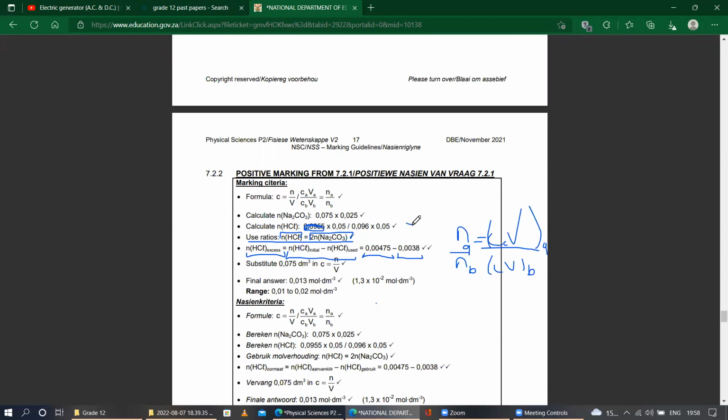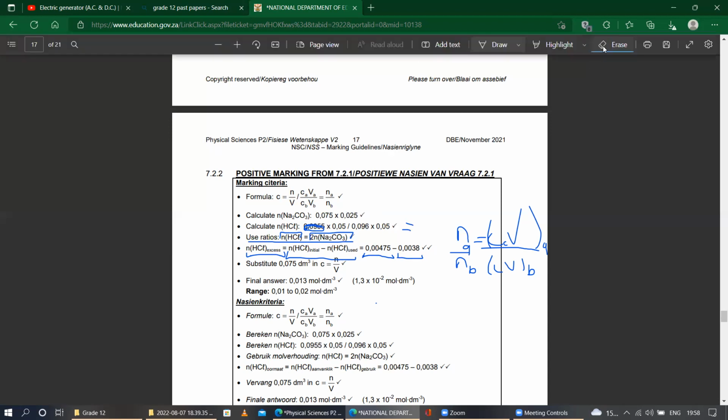Let me show you guys the answer for this. It's going to be 0.0955 times 0. After multiplying these two, you're going to get this.